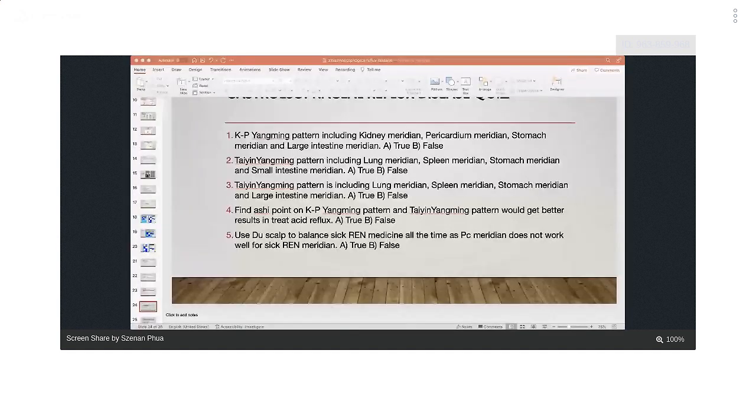If you want to, it's up to you, but in theory, you don't need to. If it worked well for the run meridian, you don't need to add any more needles on 2 scalp. This is a bit confusing, right? The answer is B.